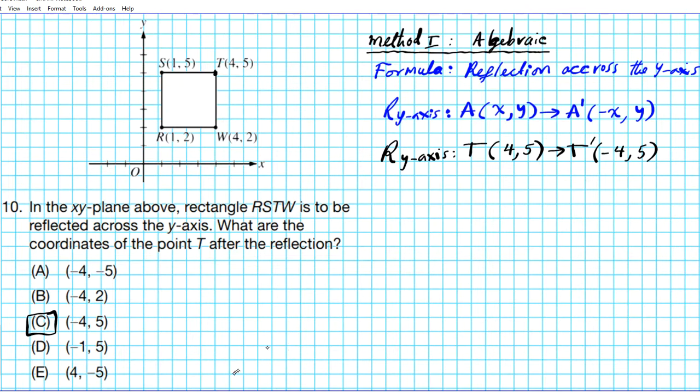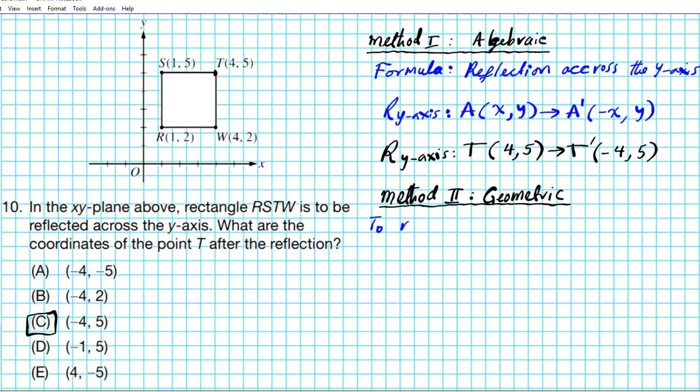Alright, let's do this geometrically. Okay, method 2. You can just do it using the grid that's provided. This is the geometric approach for reflection. So if you're reflecting across the x-axis, across the y-axis, sorry, what does that mean?